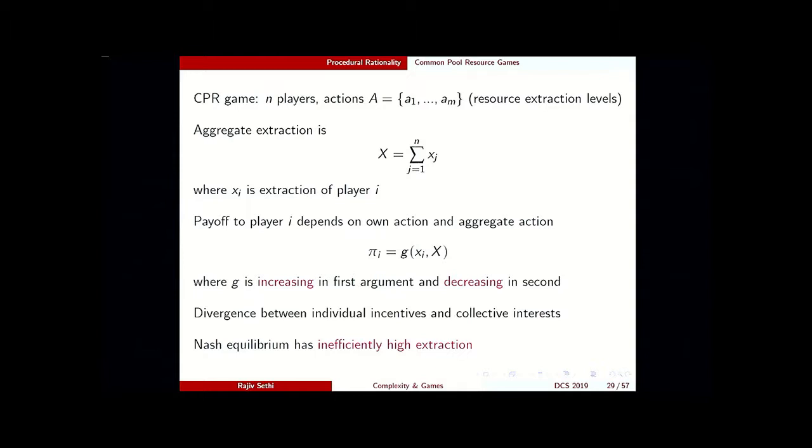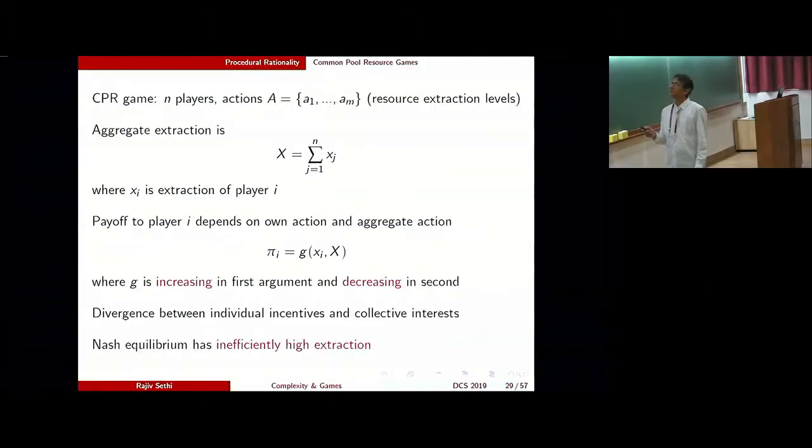Think of these as extraction levels, and let Xj denote the extraction level of player or individual user j. We can add up these extraction levels, and you get an aggregate extraction level X. The payoff to a given player, let's call that player i, where Xi is the extraction level of player i and X is the aggregate extraction level, depends on the own extraction level and also on the aggregate extraction level.